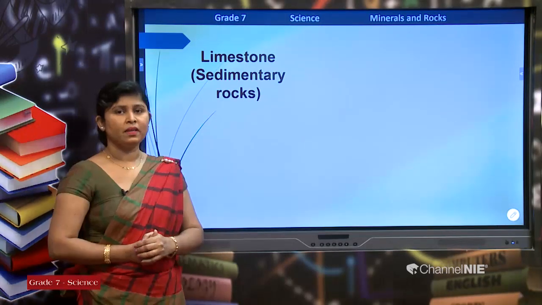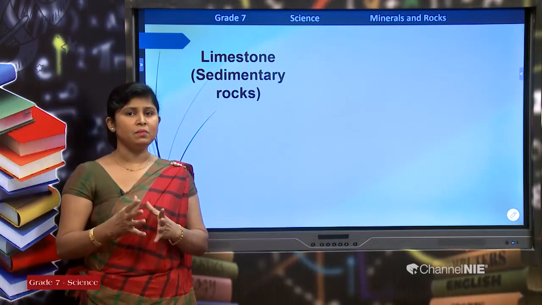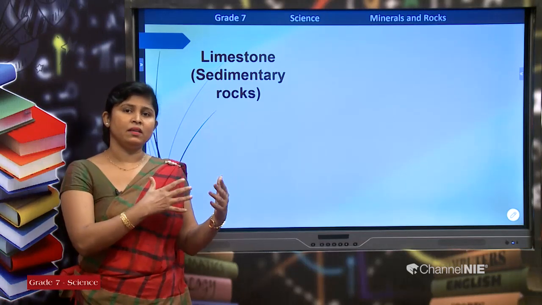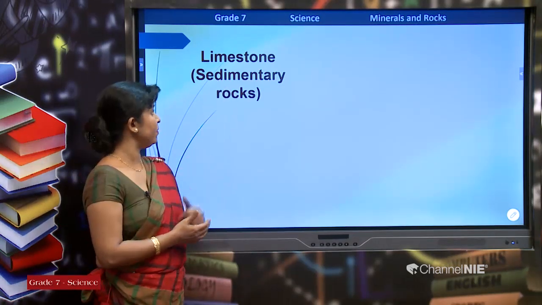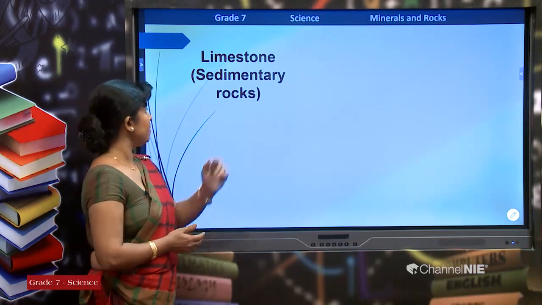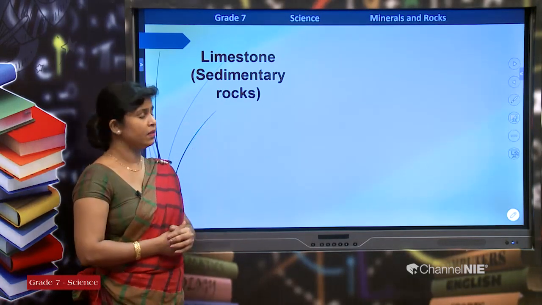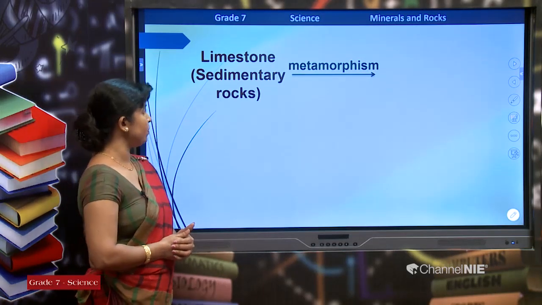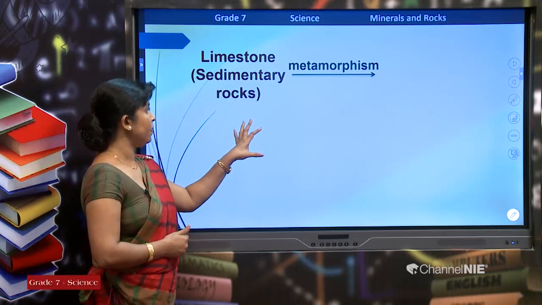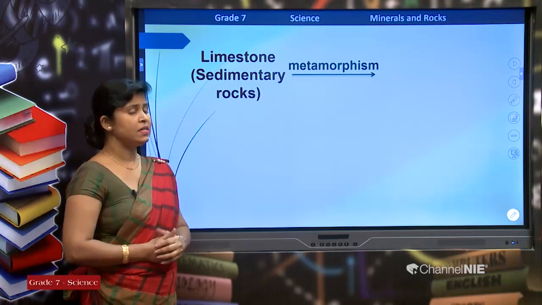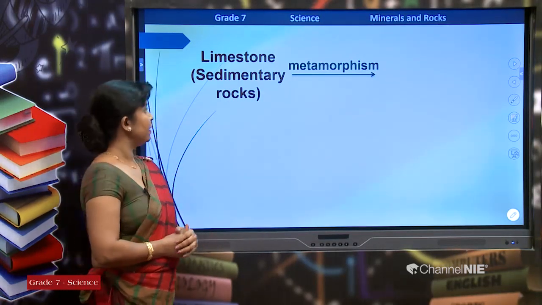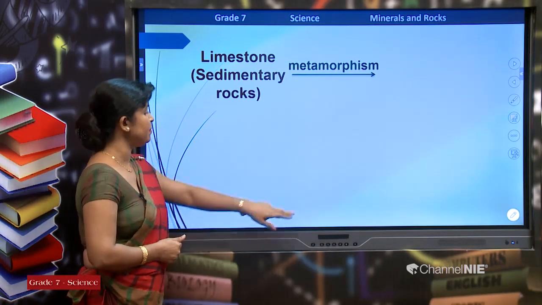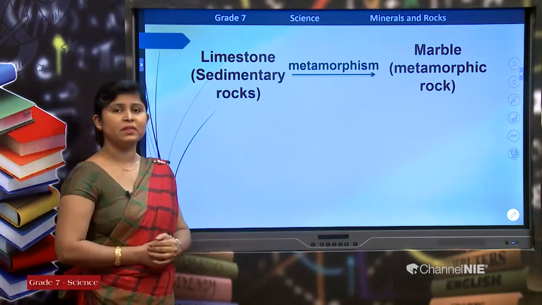Limestone. Now, you already know limestone is a sedimentary rock, right. When we were listing the sedimentary rocks, you learnt that limestone was a sedimentary rock. Now, let us see what has happened to limestone. The limestone has undergone the process of metamorphism, and see what has formed.